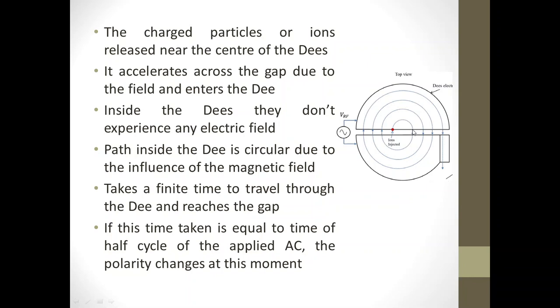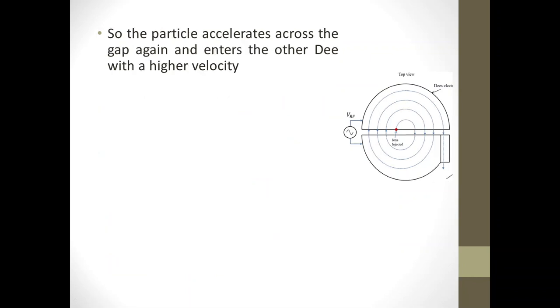At the moment the particle reaches the gap, the polarity changes. So this becomes negative now, and the particle will be accelerated across the gap. The particle will gain velocity again, so it enters this D with higher velocity.